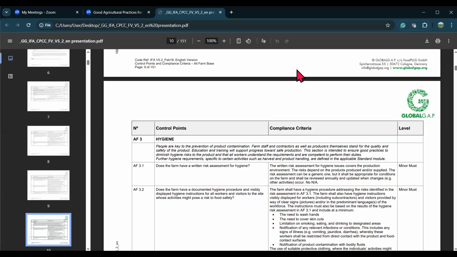Now, you need to understand that there's a big difference between hygiene and food safety. They are two different things. Sometimes your farm could actually be hygienic, but that doesn't guarantee that it is safe. And of course, as we keep proceeding, we keep explaining why this is different and why this is important.